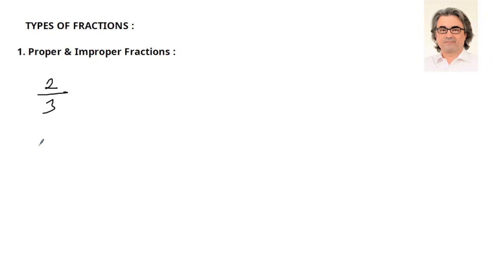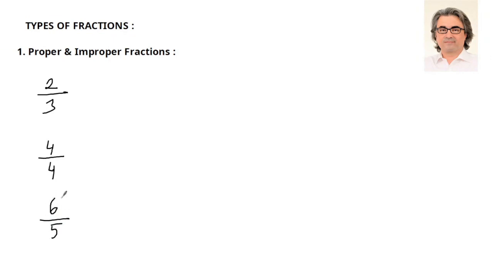So it means its numerator should be greater than or equal to its denominator. So 4 over 4, they are equal to each other, both numerator and denominator. Or 6 over 5.